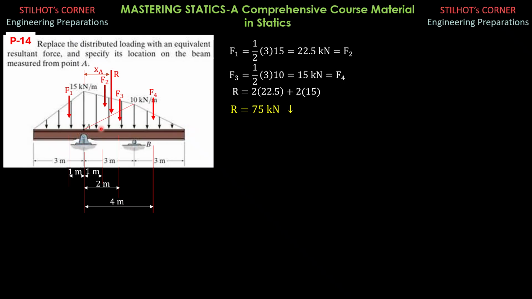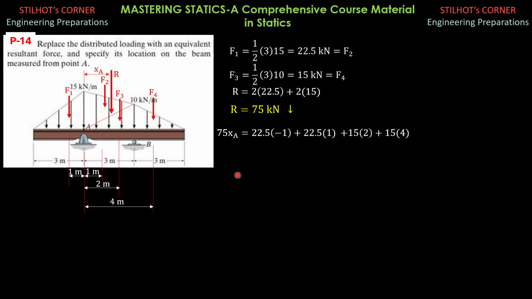So R, 75, times XA, clockwise positive, equals, because the moment of F1 about A is counterclockwise, negative 22.5 times 1, plus F2, which is 22.5 times positive 1, positive because the sense is clockwise, that's our sign convention, positive clockwise in this problem, plus F3, which is 15 times moment arm 2 meters, then plus F4, 15 times moment arm 4. So plus 15 times 2 plus 15 times 4.